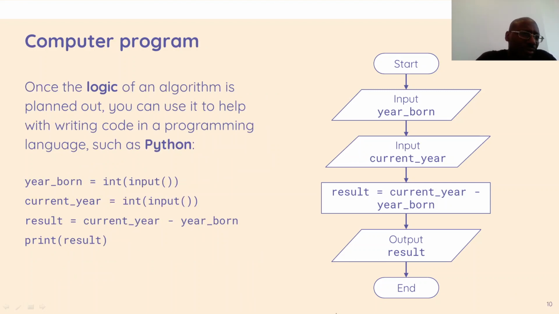Computer program. Once the logic of an algorithm is planned out, you can use it to help with the written code in a programming language such as Python. year_born equals int, and then in brackets is your input.